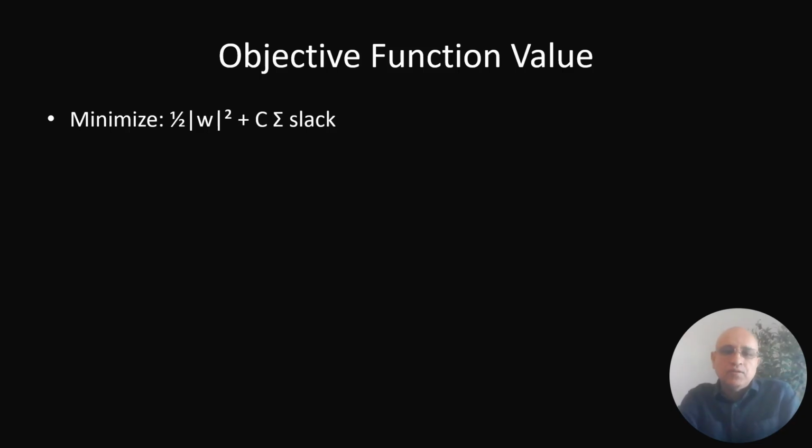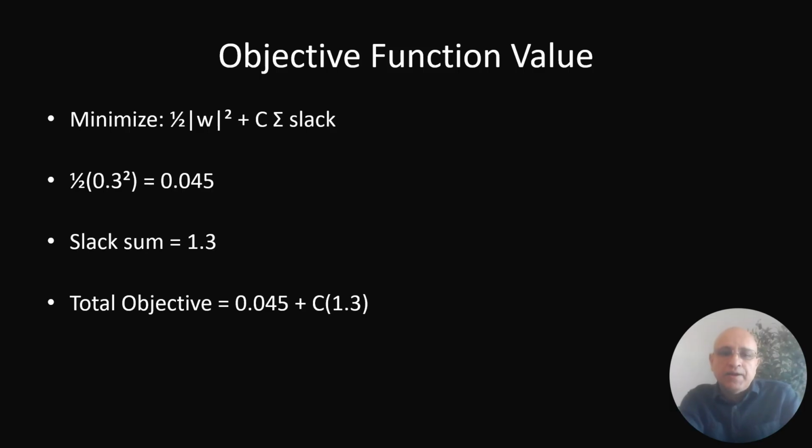So this is the objective function: half of w mod squared, where w is the slope, plus C, the parameter, times the sum of the slack. So plug in the values and you'll end up with the objective function 0.045 plus C times 1.3, where 1.3 is the sum of the slack.